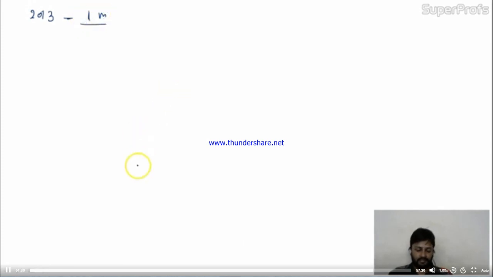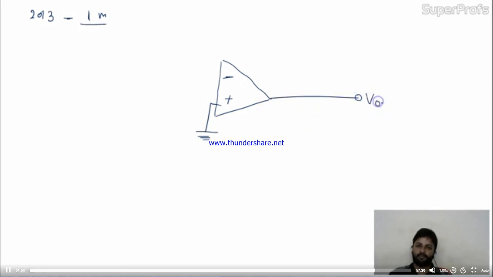The circuit is given over here. Minus plus, I'm sorry, this is grounded. Here is V output, and this is connected with 1K. This is connected with 5 volt.